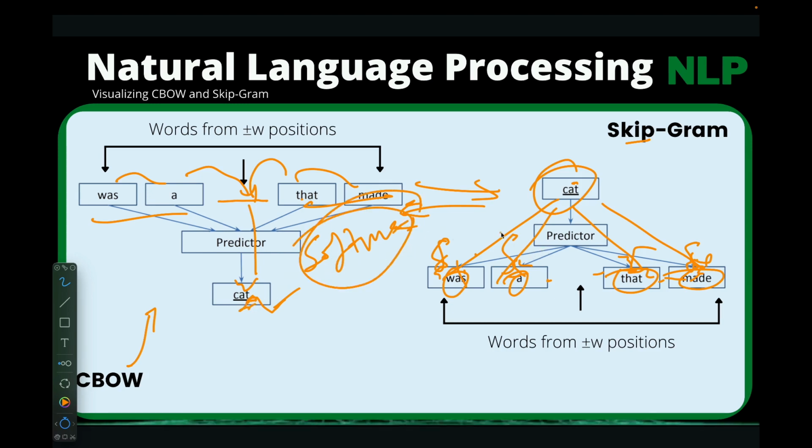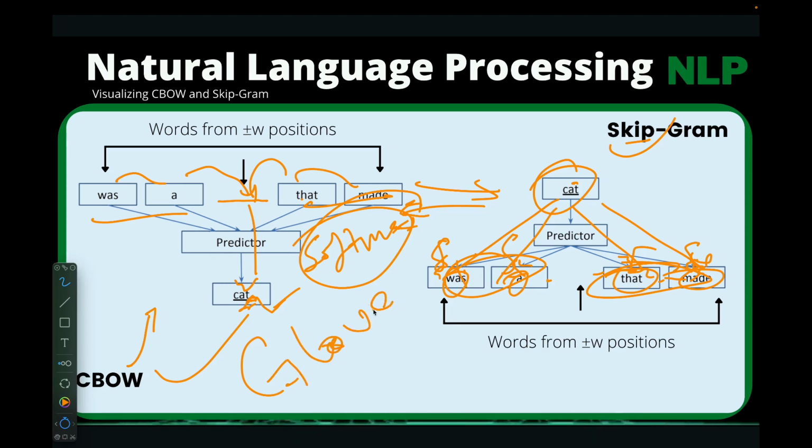So those are the two things you need to know: CBOW and Skip-Gram. Now we're going to consider the GloVe model as well.